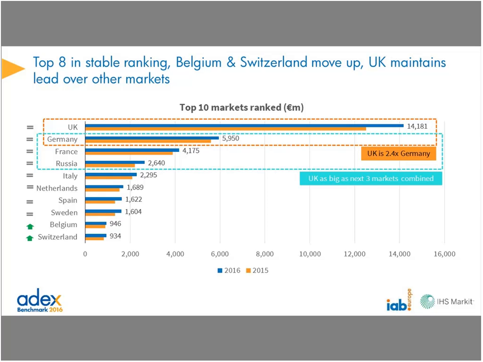And the UK is, of course, as you can see, as big as the next 3 markets combined. We expect the UK to continue to grow, but as structural changes are being removed in those other markets, we're going to see their ratios increase and this gap to close over time.